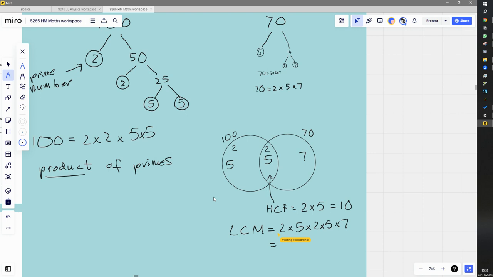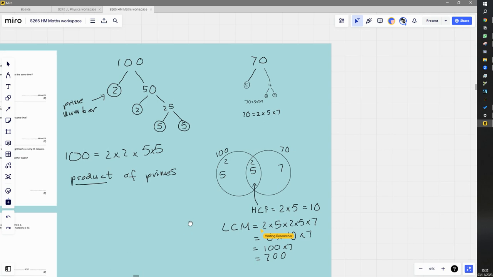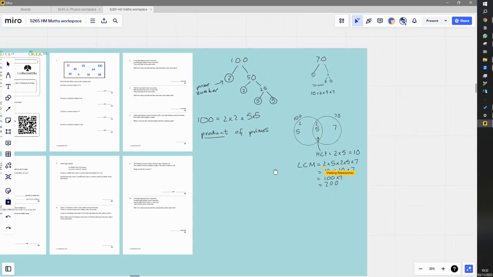This is easier than you'd think, because we've got 2 times 5, which is 10, and then 2 times 5, which is another 10, times 7. 10 times 10 is 100, times 7. So that means it's 700. So the lowest common multiple for these two is 700. They both can be multiplied to give 700, and that is the lowest number that they have in common. That is a multiple.